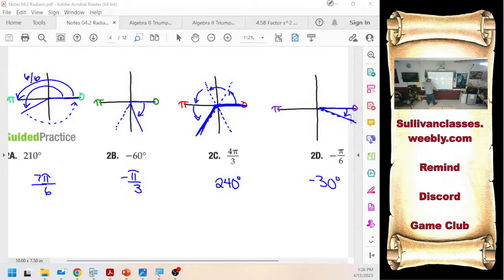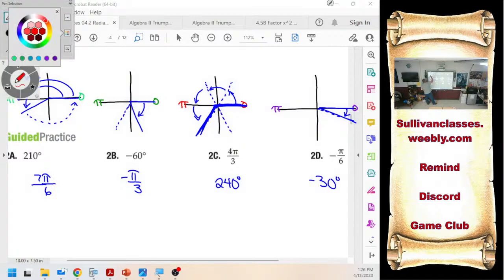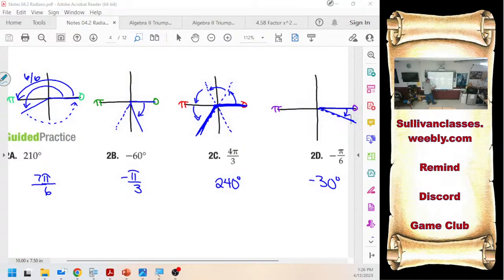And someone this morning nailed it right on the head. A quick cheater for these is that n pi out of 2 is 90 degree increments. N pi out of 4 is what? What increments are pi over 4s? 45 degree increments.